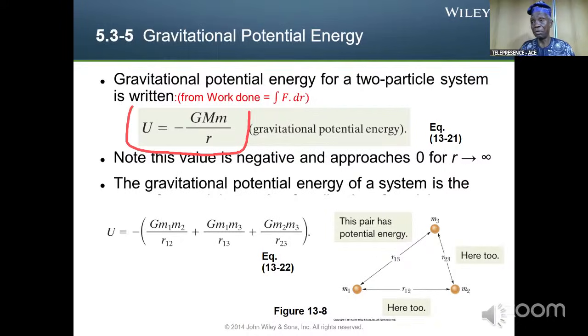If you have more than two, a million, you add vectorially. The same thing goes here. Between every pair, there's a potential energy for a two-particle system. And it is very simple: minus G M, the other M, over R. Now note the minus, because it is a negative energy. That is why it is attractive.